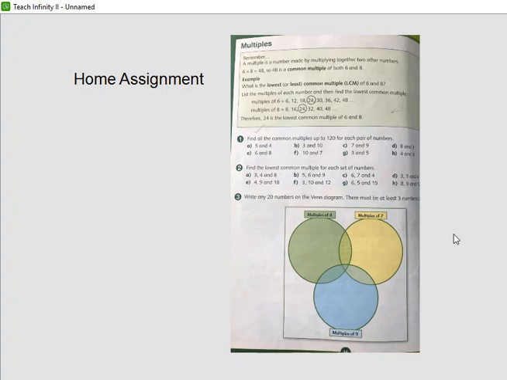This is on page number 16. If you left your book in school, note your homework from this page, and if there is any problem, I will try to solve it in the next lecture.